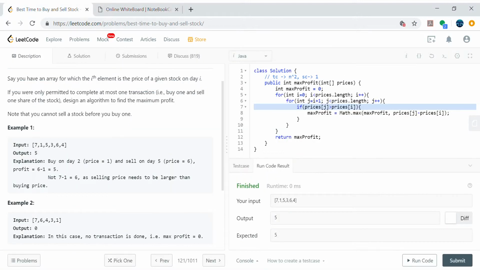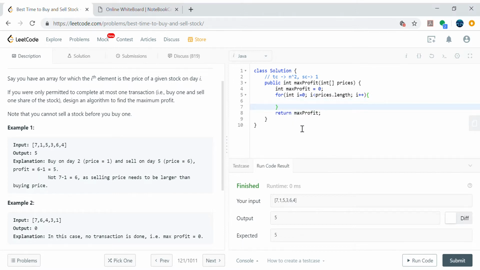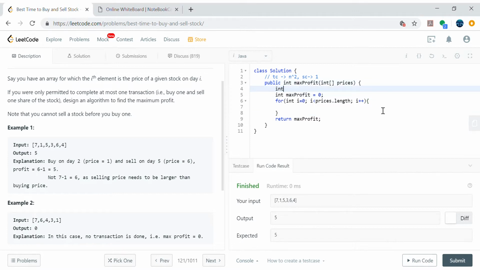complexity. So let's quickly convert that into one for loop, and maximum profit would still be 0. The only thing we need to take is the minimum price, so let's take minimum price here, and as we discussed, let's take this as a maximum value, so that at least we have some initial minimum price.